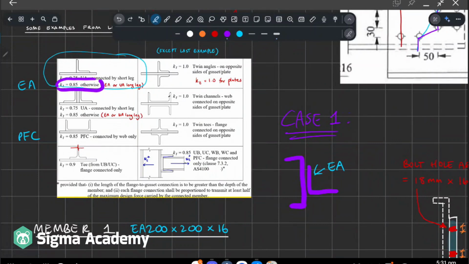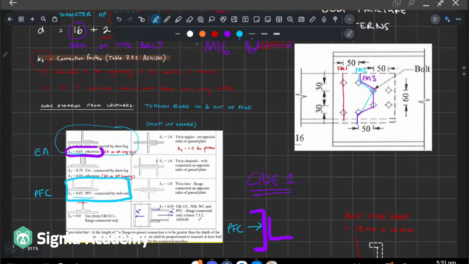But now we consider the PFC. So from the perspective of PFC, because we'll need this for later, where do we look on the table? We look here, right? The PFC connected by the web only. Remember, this is the web of the PFC. Okay, so basically in both our cases, KT is 0.85, right?